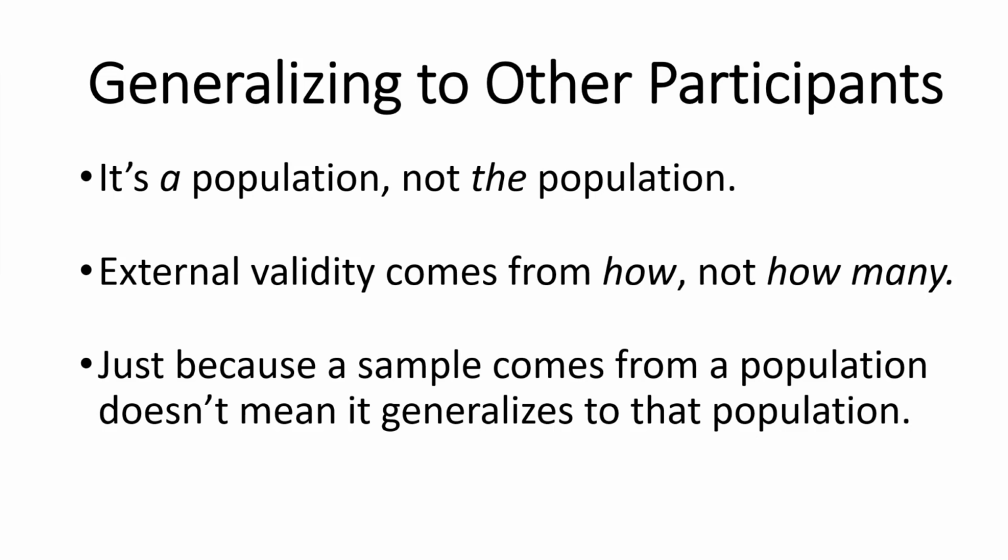There's a lot of critical thinking involved here in separating out what your population is from how you're sampling versus what you would like to apply your data to. And that's, again, nothing new.